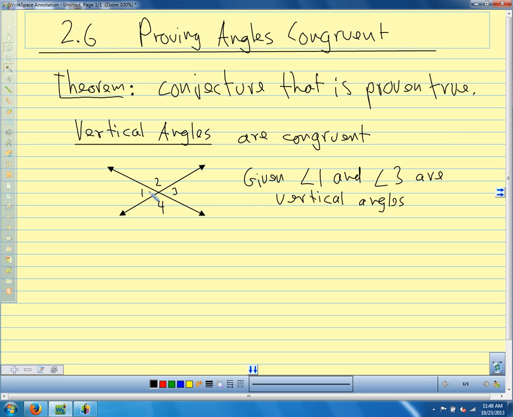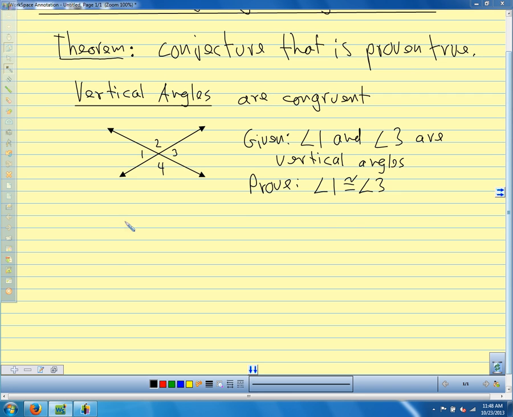It's really the same thing. It just depends on which one we pick. So we're going to prove that angle 1 is congruent to angle 3. So we'll do a 2-column proof here, and we'll use our properties for our reasons. So here are our statements and our reasons over here.